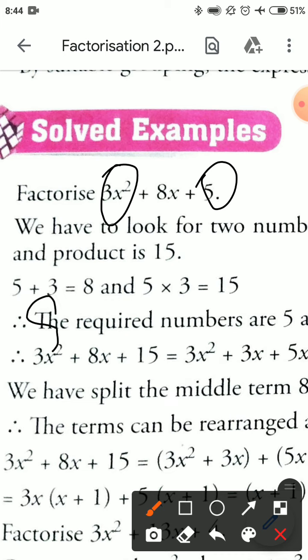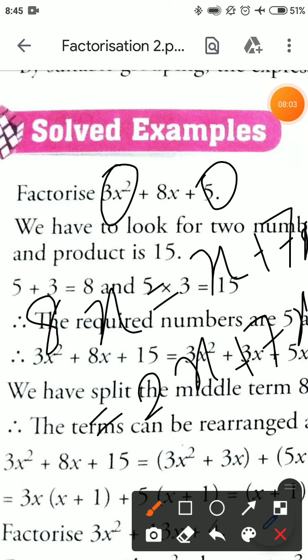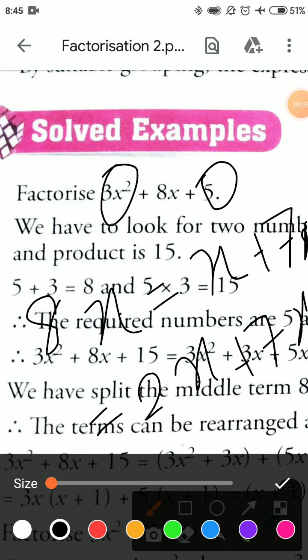So this 8x has to be broken, right? So we can write this as x plus 7x, right? And we can also write it as 2x plus 7x, right? So like this, there are infinite number of ways in which we can break this 8x. But you can see that if we multiply this 2x with this 7x, we are not getting 15x square, right?